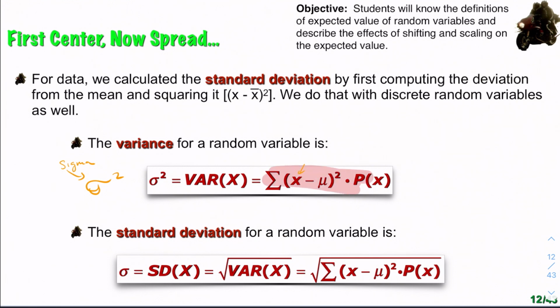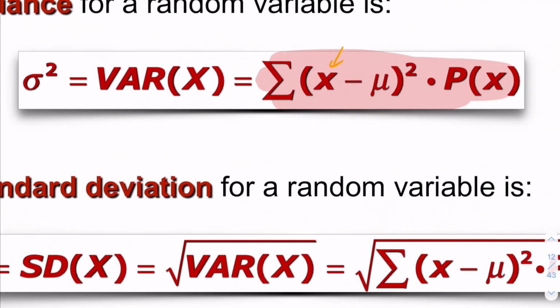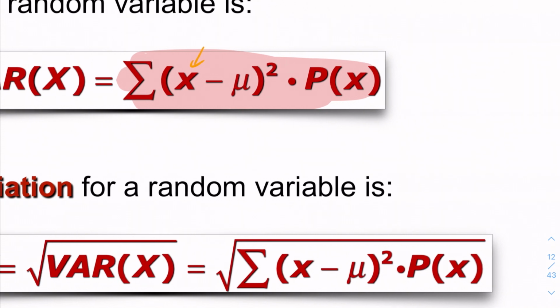Get used to this formula. It's a great one. So then how do we go from variance to standard deviation? Well, we simply square root it. So the standard deviation, or sigma, is the square root of the variance, or the square root of the sum of the difference of the value minus the mean squared times the probability.